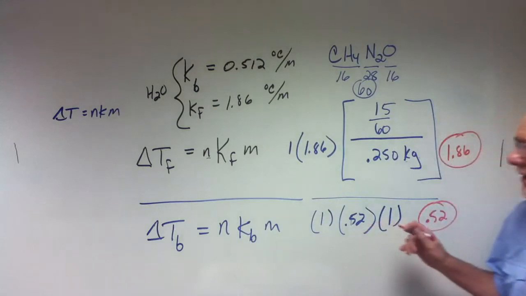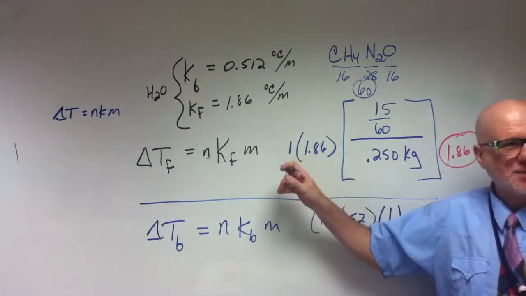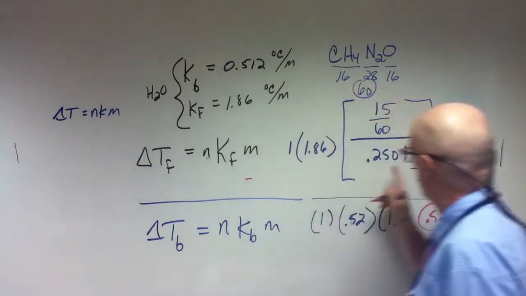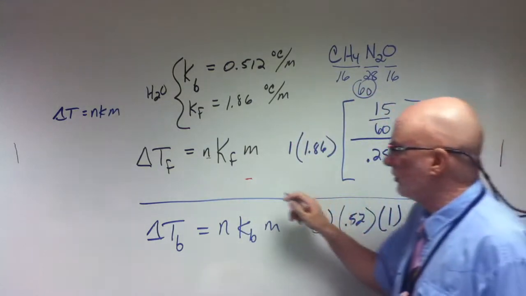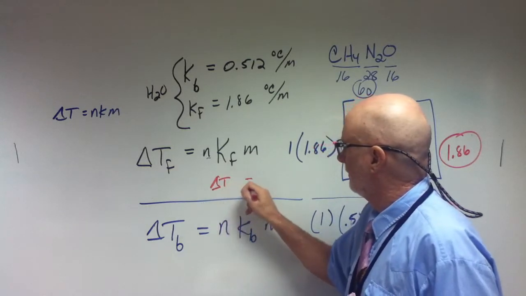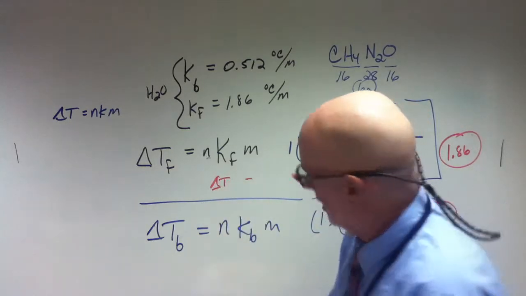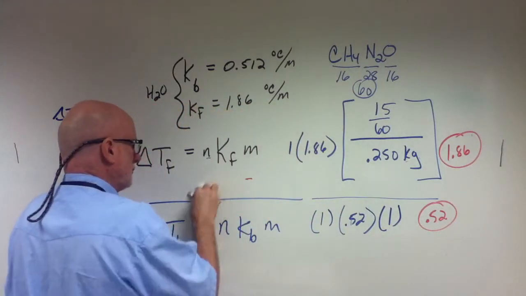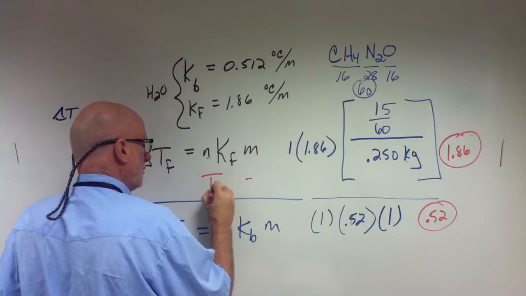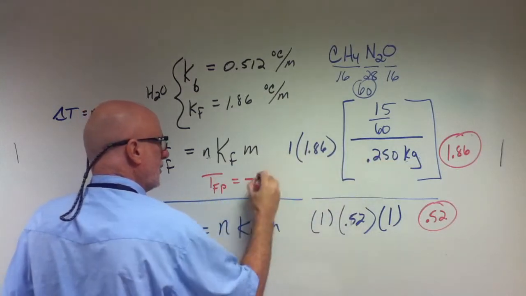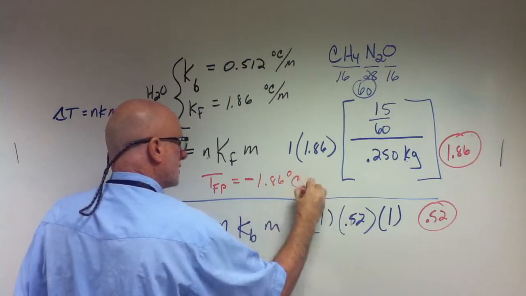Okay, now. So the freezing point depression is 1.86, but the freezing point of this solution is going to equal negative 1.86.